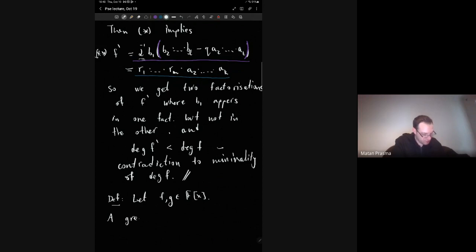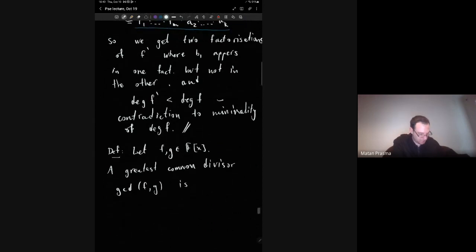A greatest common divisor, GCD of f and g, is a polynomial that divides both f and g and is of maximal degree.